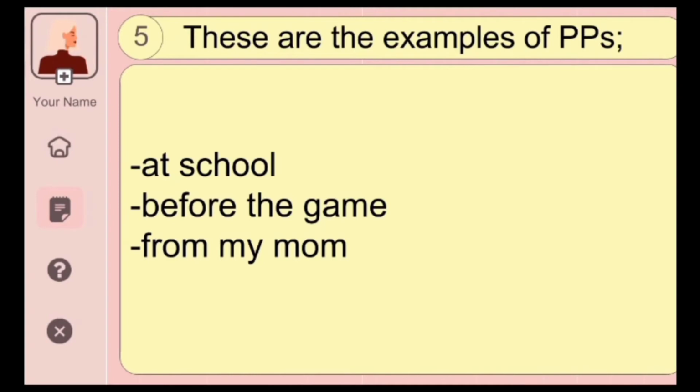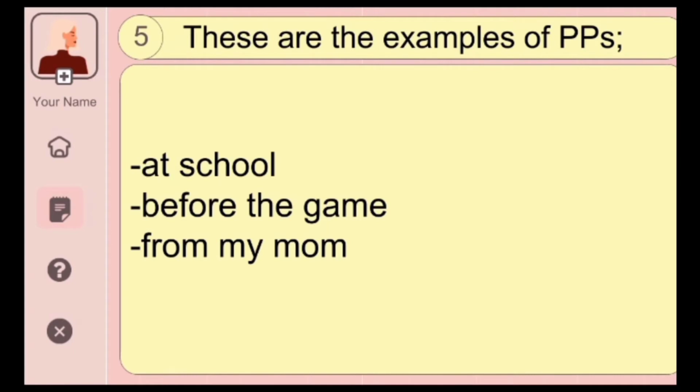And our second example, before the game. The word before is our preposition, the is our modifier, and game is our object. The third one, from my mom. From is our preposition, my is our modifier or our determiner, and mom is our noun in the sentence.